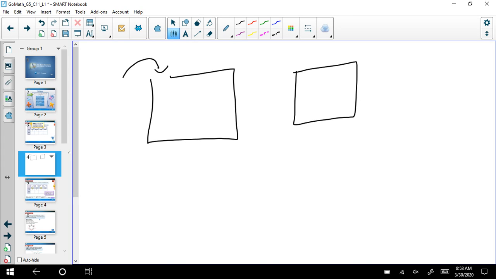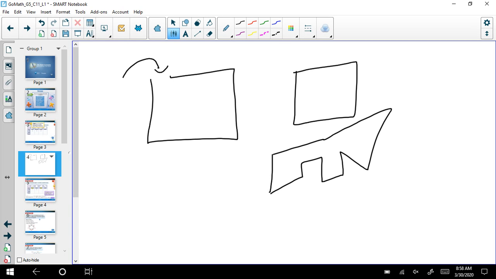Additionally, for a shape to be a polygon, all of our sides have to be straight. They can be crazy and they can start out in so many different ways, but as long as they're all straight and in the end they close off the shape, then we have a closed plane figure.